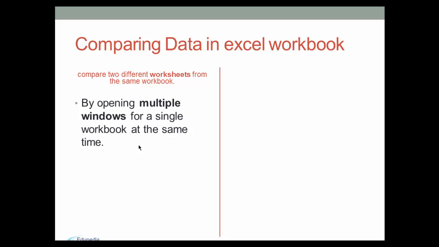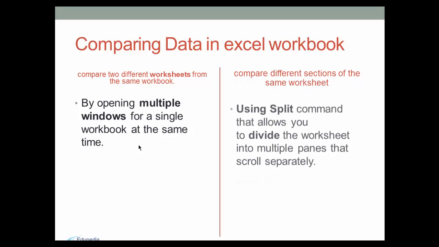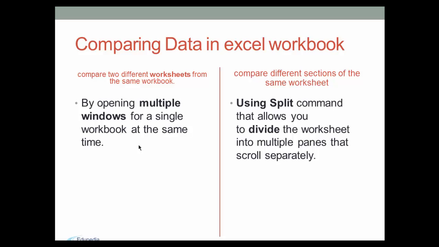And sometimes you may want to compare different sections of the same workbook without creating a new window. Excel allows you to split your worksheet, to divide it into multiple bands that scroll separately.